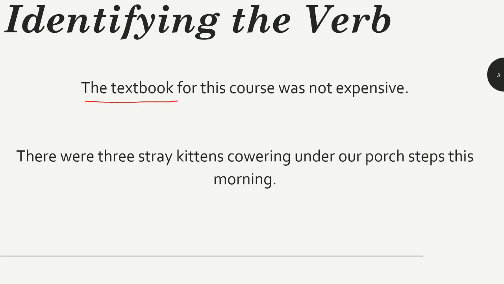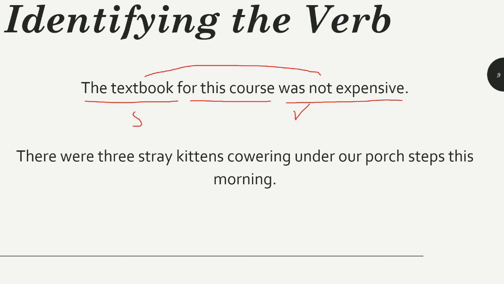The textbook is the subject. For this course is just additional. Was is the verb or the act. So, the core part of this is: the textbook was not expensive.